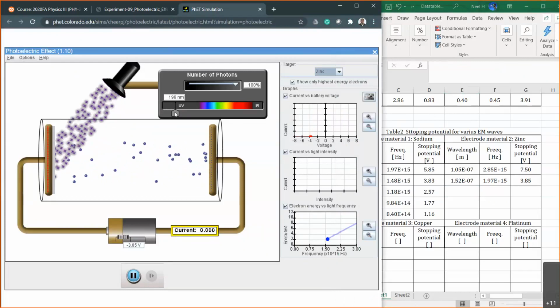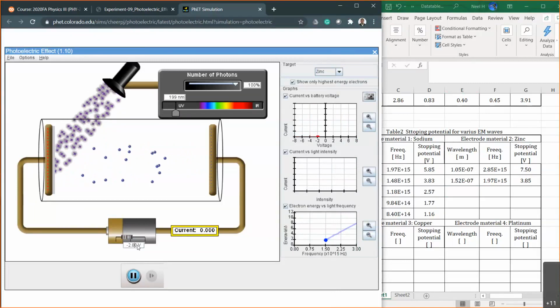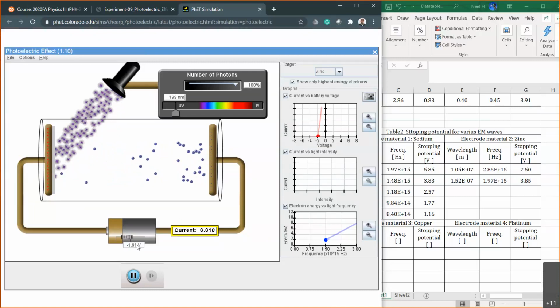Then let's go to about 200, 199, and then try to find the potential. -2 seems to be too high. -1, too low. 1.5, 1.7, 1.9, 1.95, 1.93, 1.91.